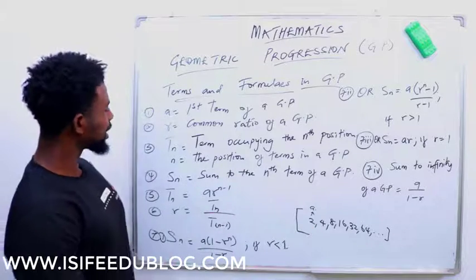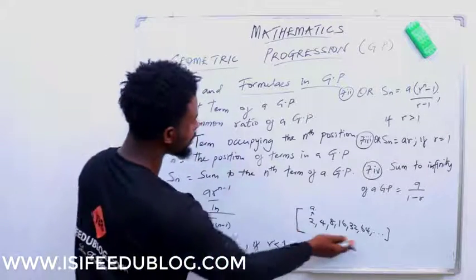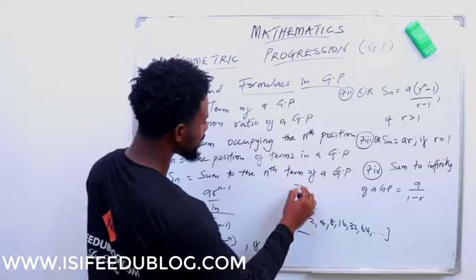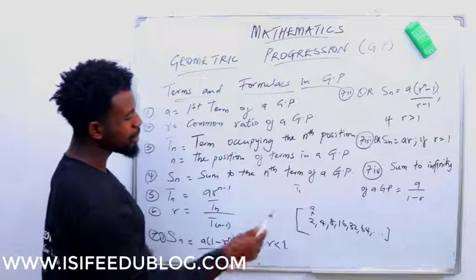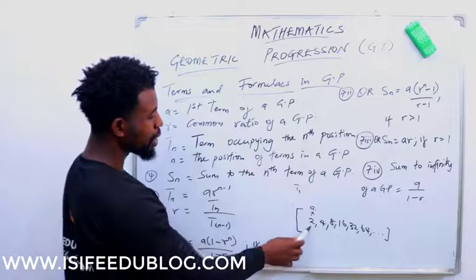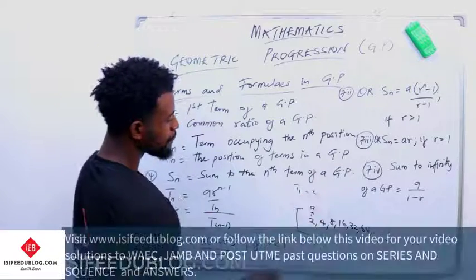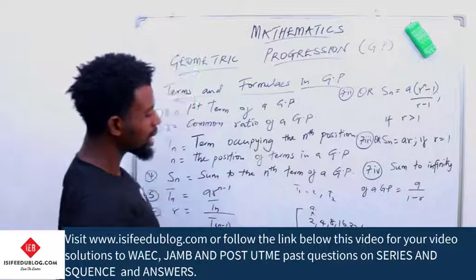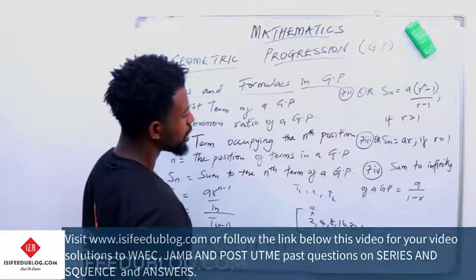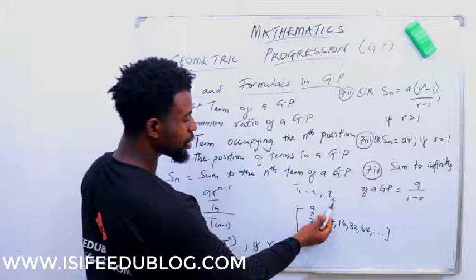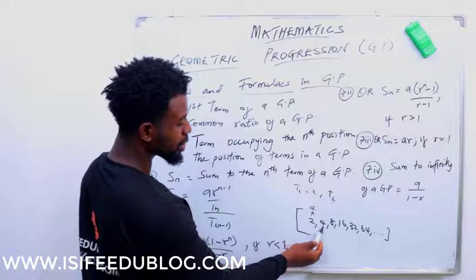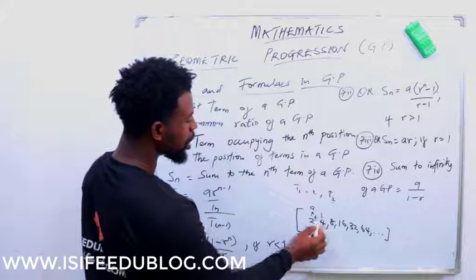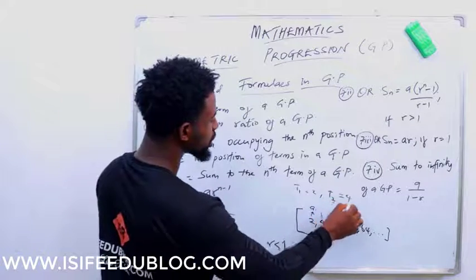So making reference to this particular GP, if I have something like T1, it simply means the term occupying the first position, which is 2. If I have something like T2, it means the term occupying the second position. These are first position, these are second position. So the term occupying our second position is 4.